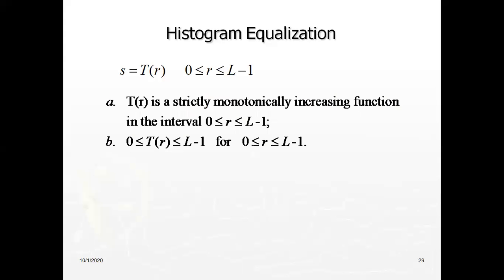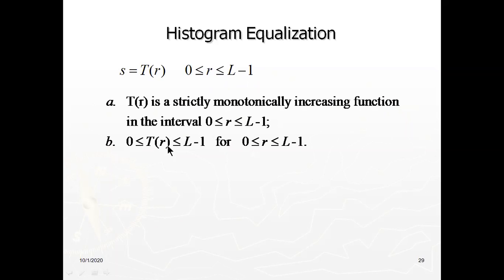So for that, we do the transformation s is equal to T(r). r is the input image, s is the output image, for the range of values of r between 0 and L minus 1. The transformation T(r) should always be a strictly monotonically increasing function in the interval 0 to L minus 1.